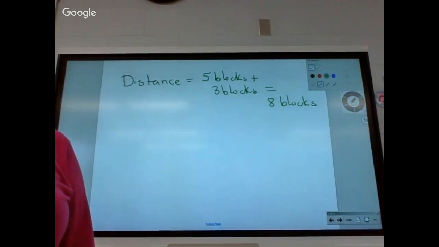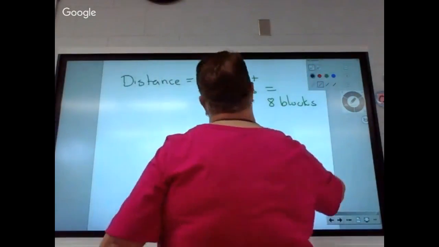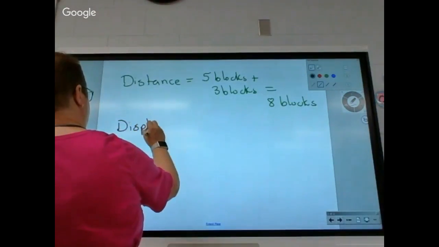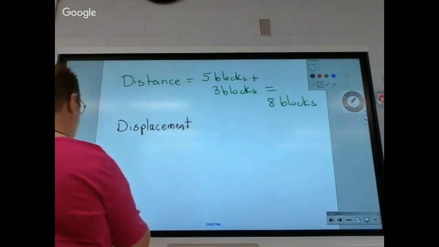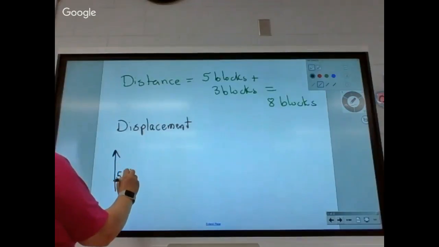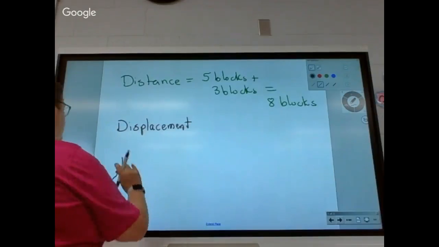Now, displacement, I used a word for this on Friday. I told you it's like a shortcut. So, a lot of times to teach this, I draw pictures. So, if I walk 5 blocks north, oops, I need to go west. I don't have enough space to go west.